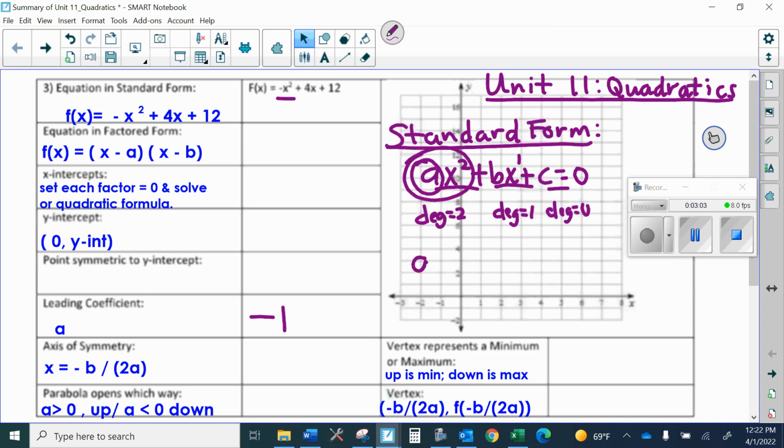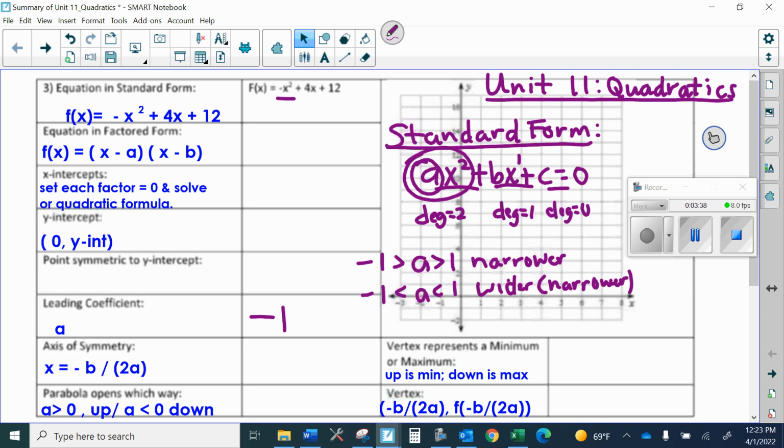So if a is greater than 1 or less than negative 1, it's going to be narrower. If a is between negative 1 and positive 1, any fraction or decimal between negative 1 and positive 1, that is wider.